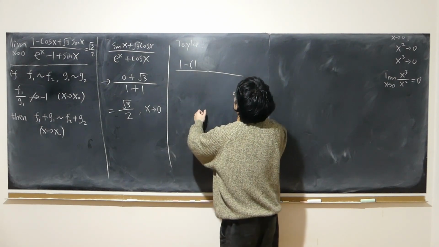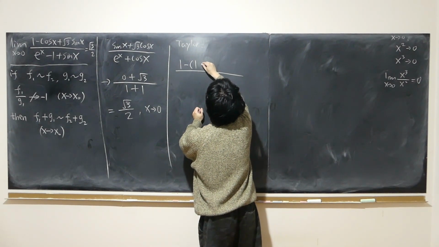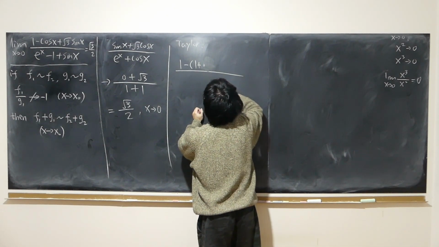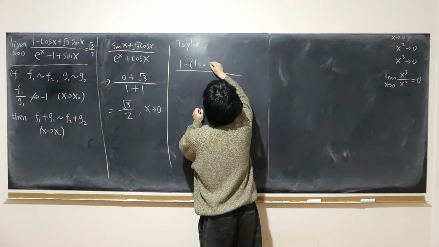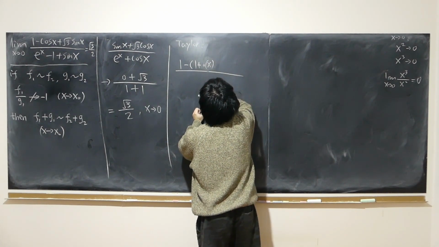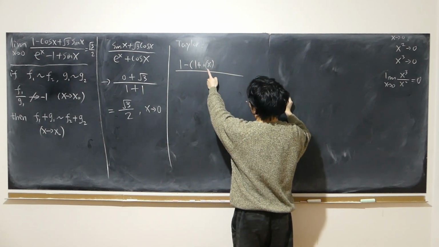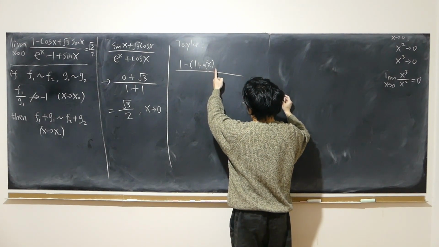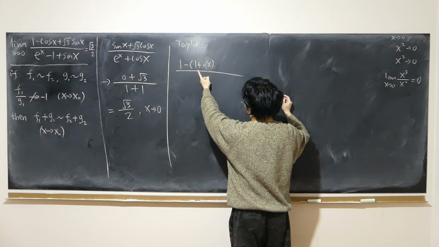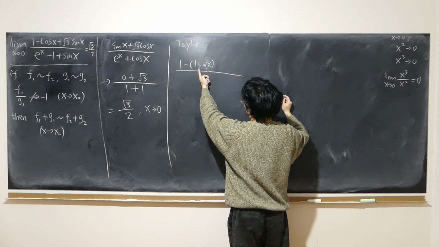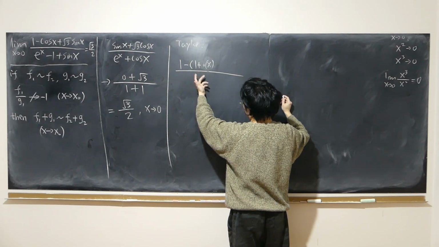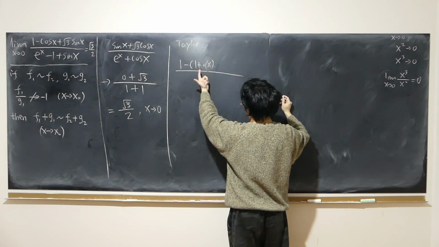And then plus little o of x, not little o of 1, but little o of x, because we imagine we've expanded 2 terms already. The first term, the second term is 0, but still 2 terms. So that's why it's little o of x.